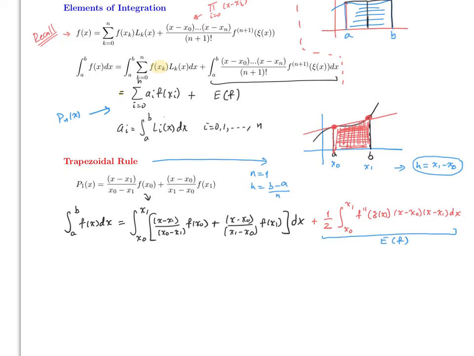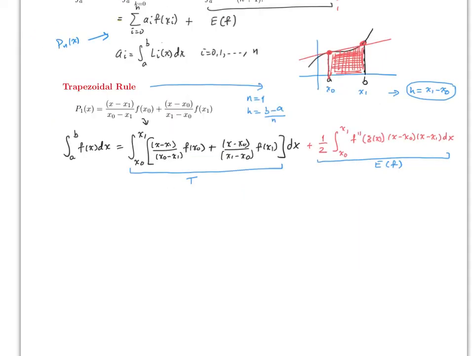Now the computation part is going to be this. So let me just call this T for now, because that's going to be the trapezoid, and that's going to be the actual computation part or approximation. All right, so therefore T is going to be the integral with respect to x of this.